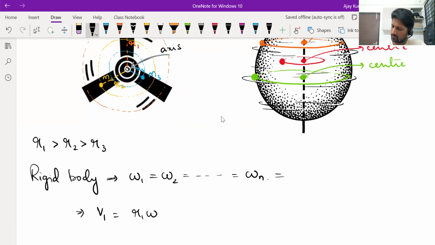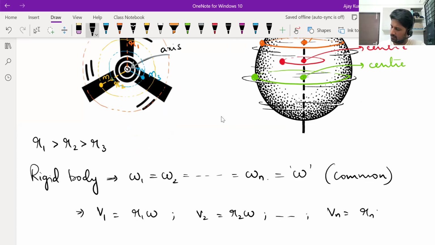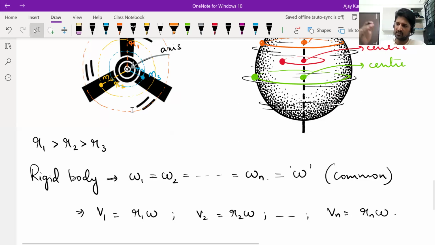Let's call the common omega as omega itself, which is common to the entire system. So V1 becomes R1 omega, V2 becomes R2 omega, and so on. Vn becomes Rn omega. So the particles can have different speeds depending on the distance from the axis.